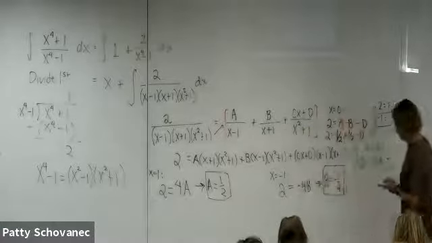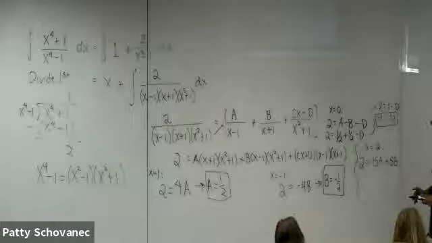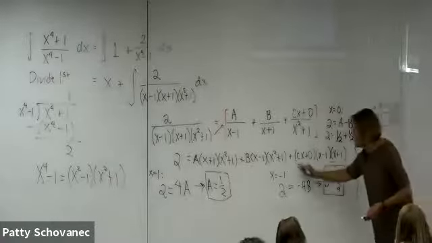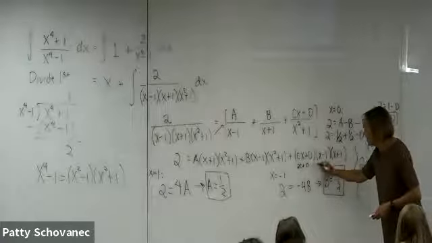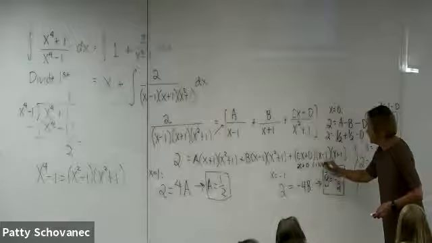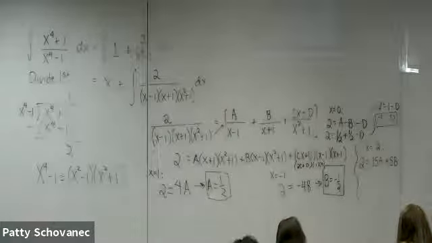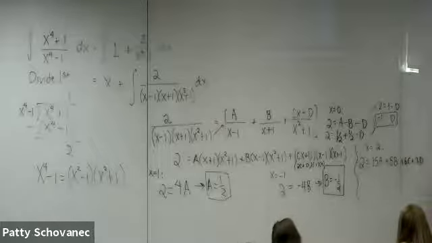I get 5B, so 15A plus 5B. x is 2, so I have 2C plus D multiplied by 1 times 3. So I have 6C plus 3D.